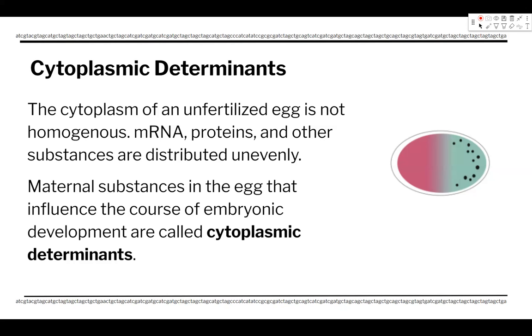And those cytoplasmic determinants play a super big role in having an embryo develop properly. So not only does the egg give all of the cell organelles that zygote will need to survive, it also gives a starting line for instructions on how to build that embryo from that first cell.